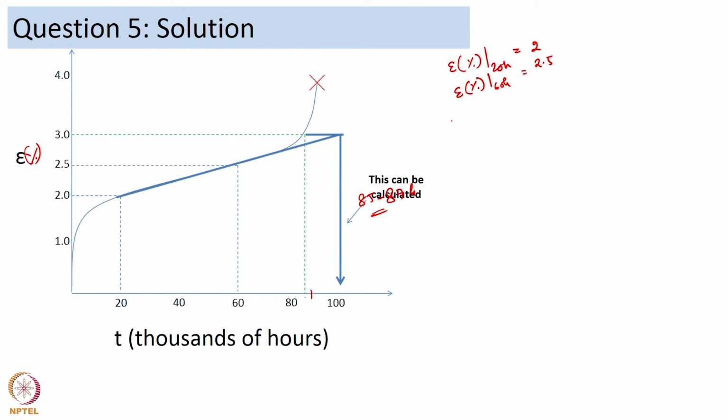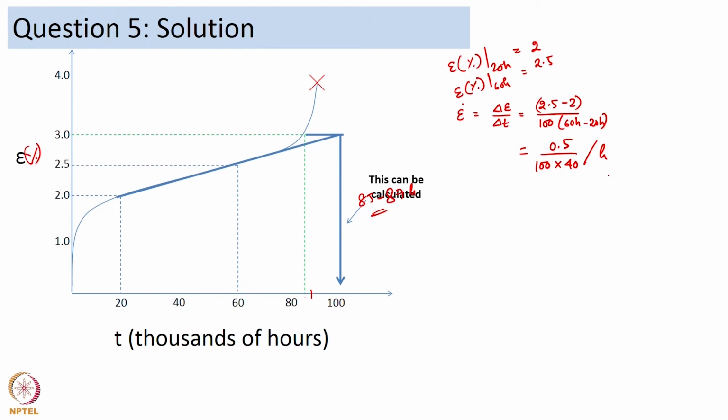So, the strain rate of deformation in steady state is equal to delta epsilon by delta t. So, that becomes 2.5 minus 2 divided by 100, and then delta t is 60 hours minus 20 hours. So, that is equal to 0.5 divided by 100 into 40, and this is per hour basis.